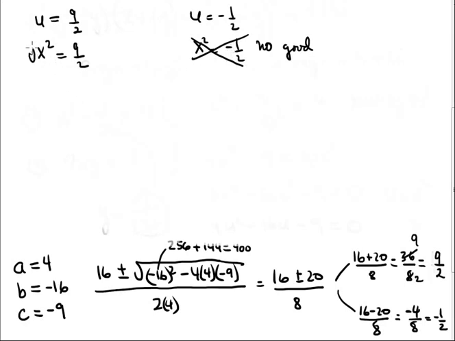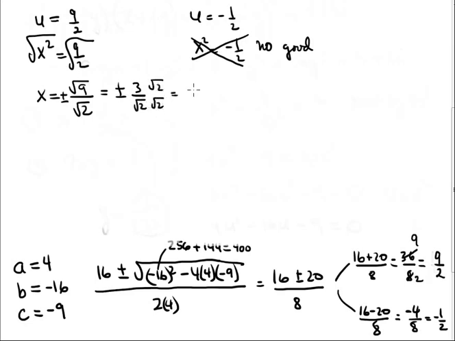This one yes. Taking the square root, x is equal to the square root of 9 over the square root of 2, of course, plus and minus. This is plus and minus 3 over radical 2. Rationalize: 3 radical 2 over 2, plus and minus.